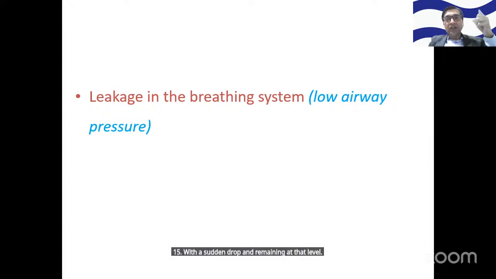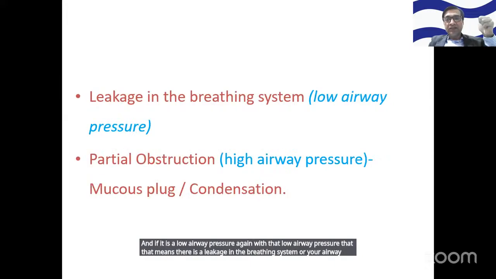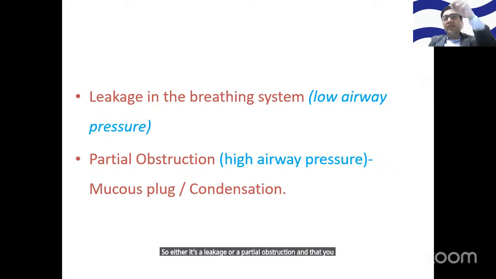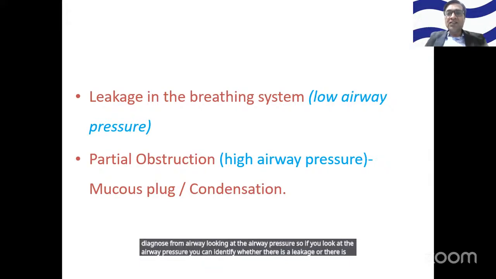If it is a low airway pressure, that means there is a leakage in the breathing system, or your airway pressure has gone up, right, from 18 to 21 kind of thing. So there could be a partial obstruction, right? So either it's a leakage or a partial obstruction, and you can diagnose that by looking at the airway pressure. So if you look at the airway pressure, you can identify whether there is a leakage or you need to do a suction or you need to fix the leak in this kind of patient.